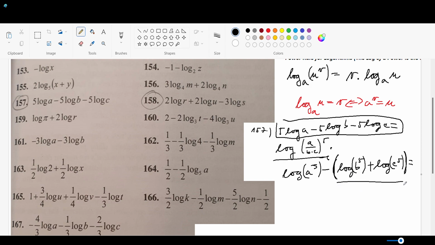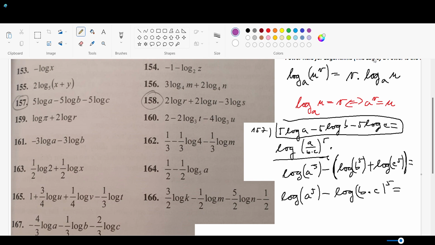And if you would now apply the product rule for this expression, you will find out that this is equal to log a to the 5th power minus log b times c to the 5th power, okay, and it is equal to.